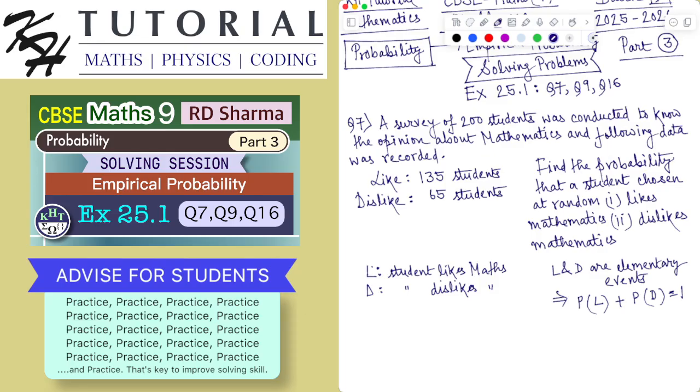Now what is the experiment? The experiment is that a student is randomly selected and asked whether he or she likes or dislikes mathematics. So if 200 students are asked, you can consider it to be 200 trials, and you can clearly see that out of those 200 trials, 135 trials are favorable to the fact that the student likes mathematics.